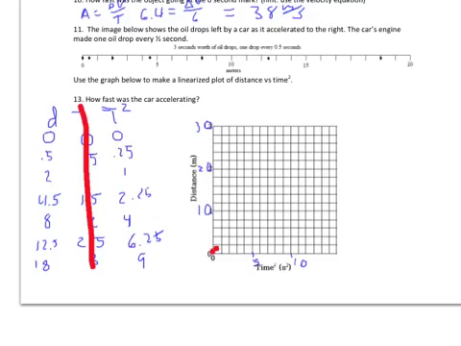All right, now the next one is I'm going to a time squared value of 1, which is here, and I'm going to a distance value of 2. So that one I can do, no problem. It's right there. Now I am going to go to 2.25 and up to 4.5.